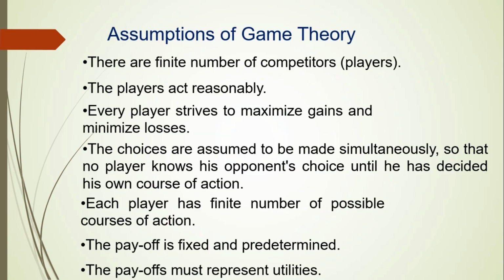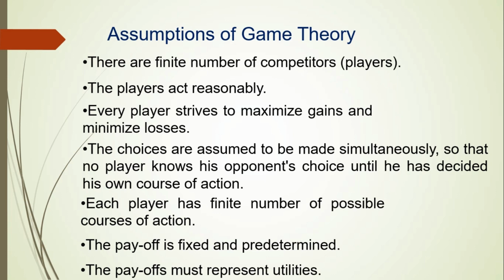There are some assumptions in game theory, so now we are going to see some of them. The first one: there is a finite number of competitors, a finite number of players.